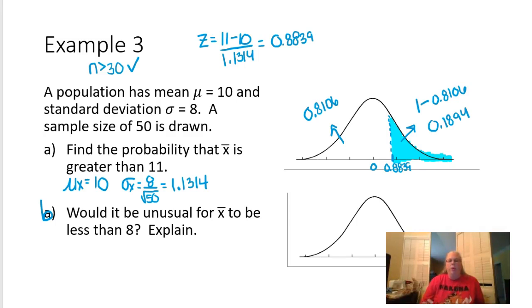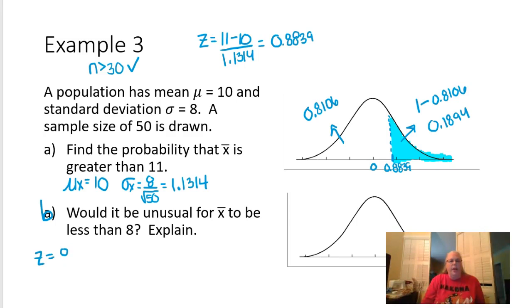So if we find the area under the curve that's going to be to the left of 8, if that area is less than 0.05, then we can say, yes, this is an unusual occurrence. But if the area to the left of 8 is more than 0.05, then we say, no, this is not an unusual occurrence. All right, so first thing we're going to need to do is convert 8 over into its z-score.